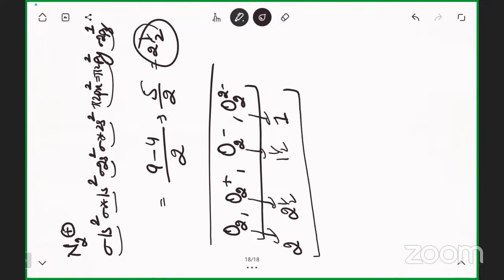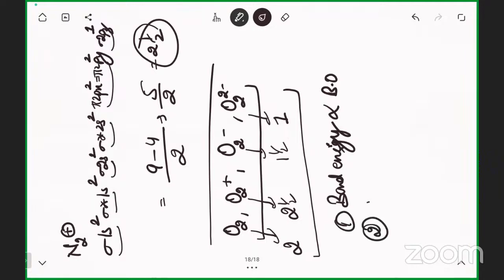Now I'm telling you some points. First, bond energy is directly proportional to bond order. If bond order is more, bond energy is more. Second, bond length is inversely proportional to the bond order. It means if bond order is more, bond length will be short.